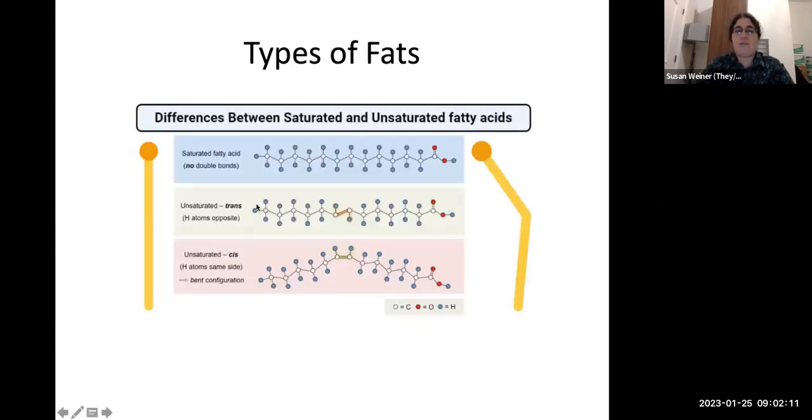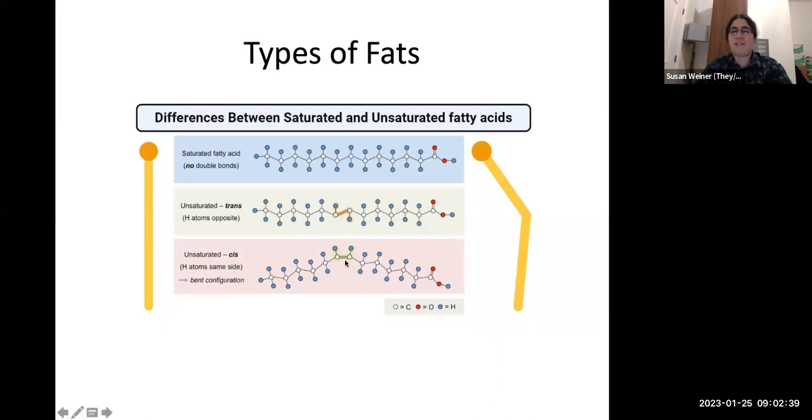The one other thing with these fats is there are also trans fats. For a while, people were using trans fats to substitute for saturated fats because we knew that there were potential issues with saturated fats. Now, cis and trans in chemistry are just a question of what side the hydrogen ions are on in a double bond.